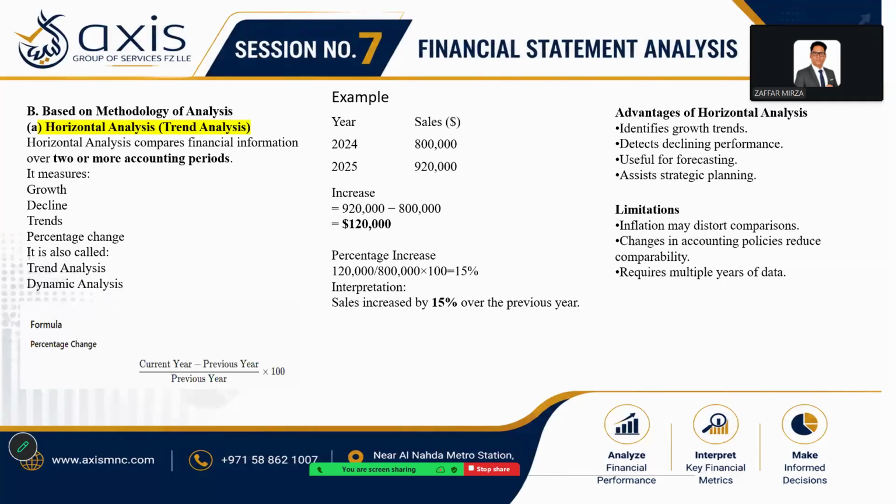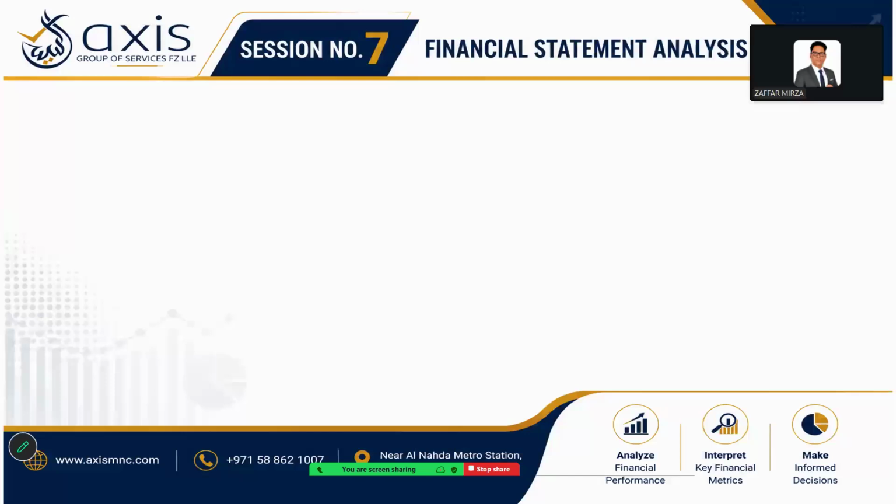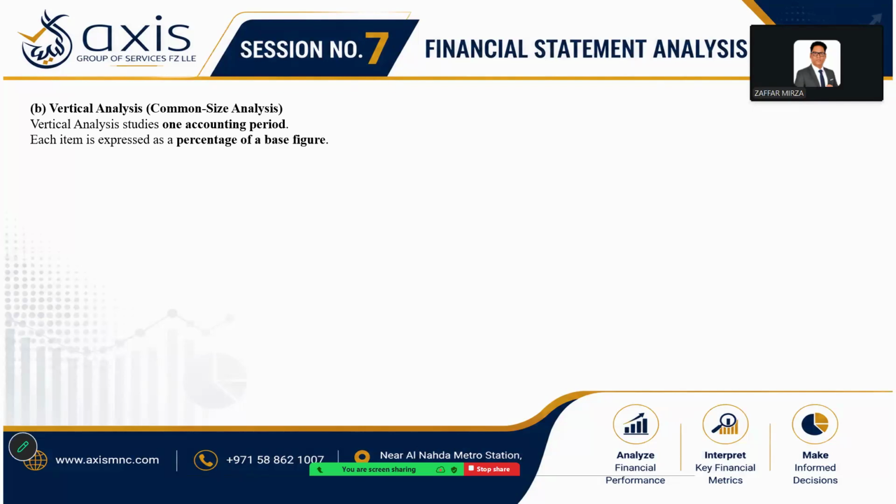The first is based on the methodology of analysis. Horizontal analysis is trend analysis. The second is vertical analysis, which is common size analysis. Vertical analysis studies one accounting period.